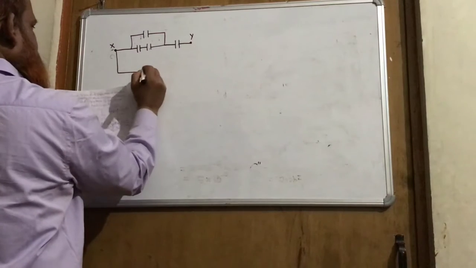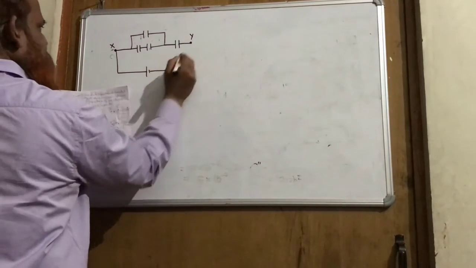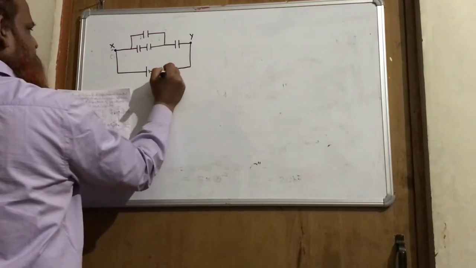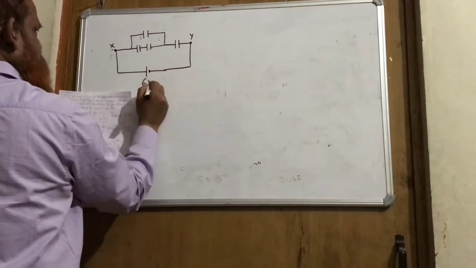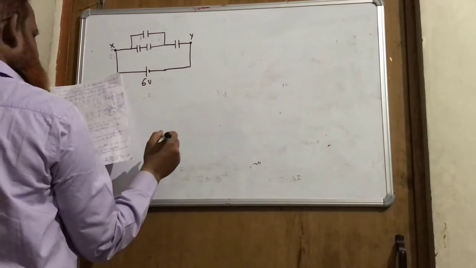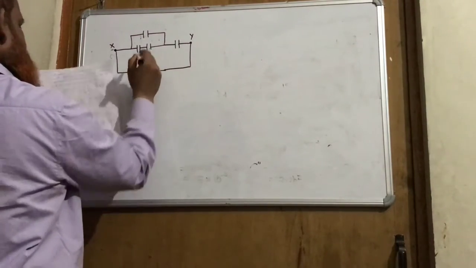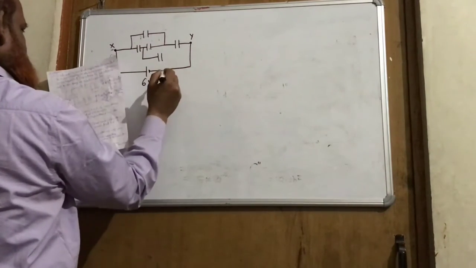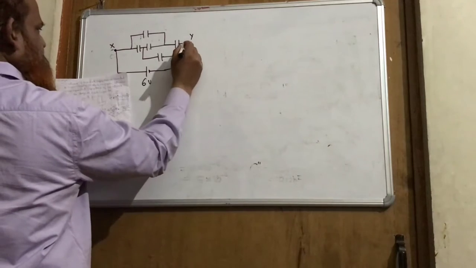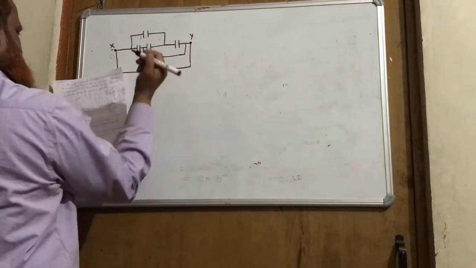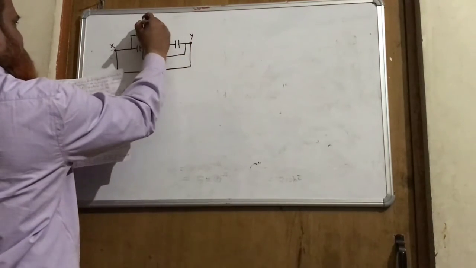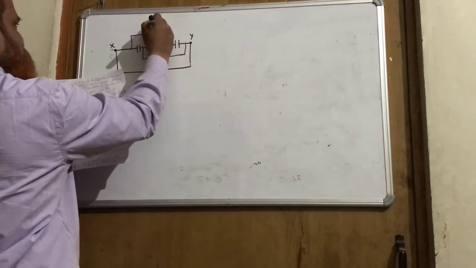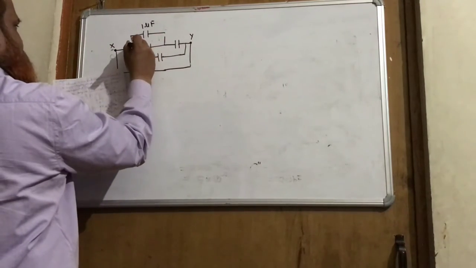And this X and Y are connected with the 6-volt battery, and one capacitor also here. Each capacitor has capacitance 1 microfarad.